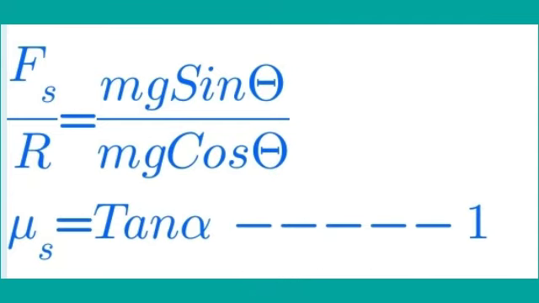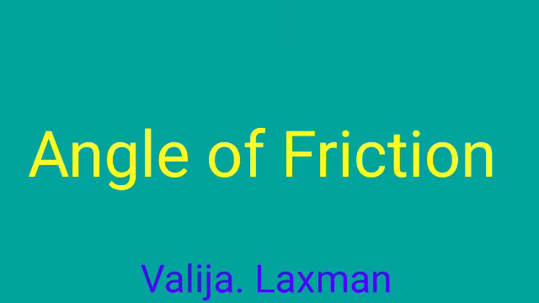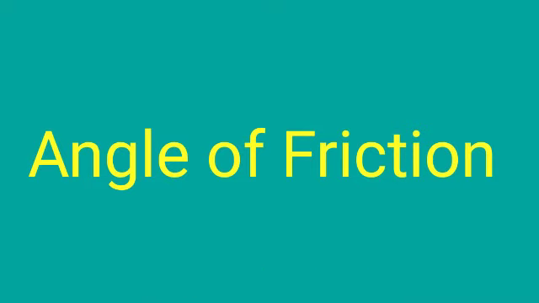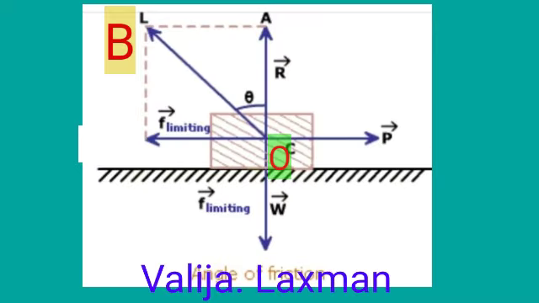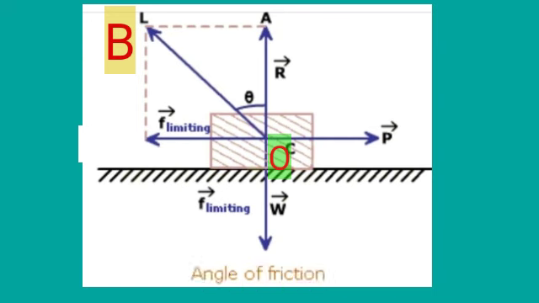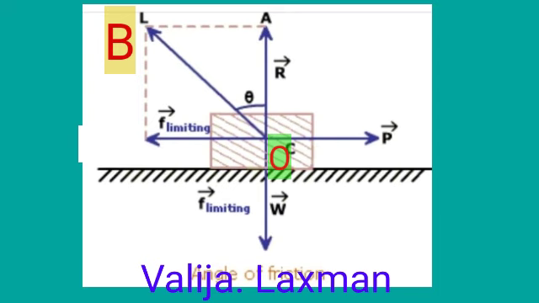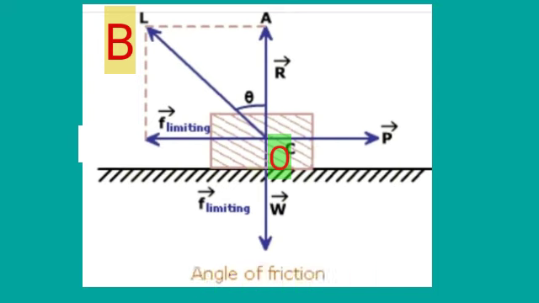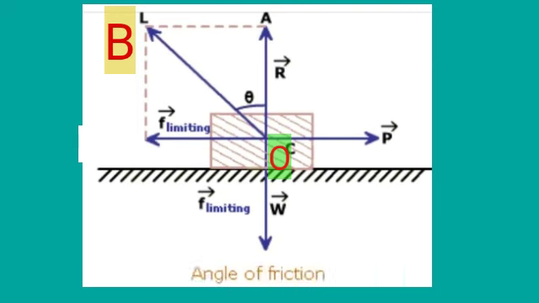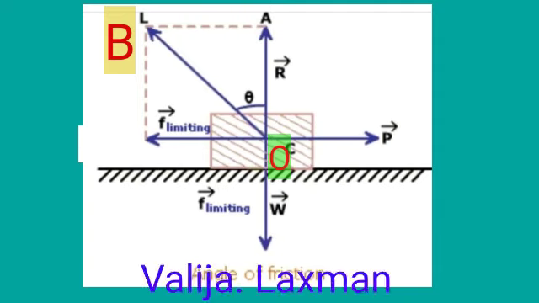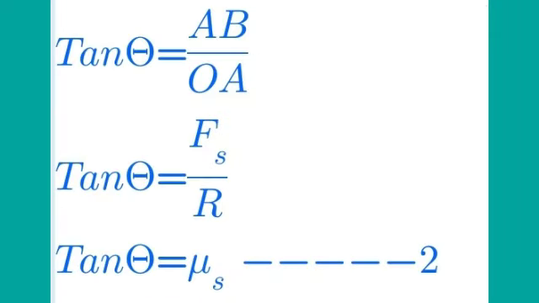Next we go to the angle of friction, indicated by theta. For that, consider a body of mass m resting on the horizontal surface, and assume that the static frictional force acting on the body is Fs, the weight of the body acts in the downward direction and the normal reaction acts in the upward direction. If you observe this triangle OAB, AB indicates the static frictional force and OA indicates the normal reaction.